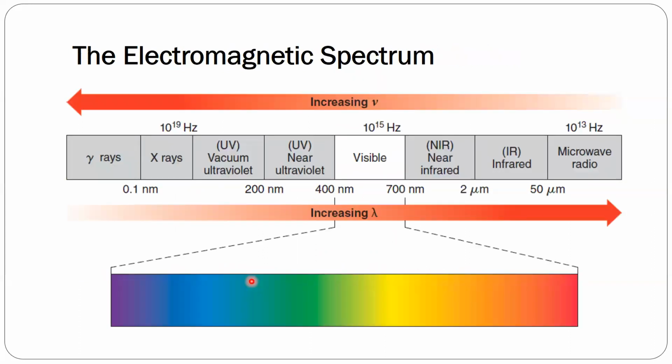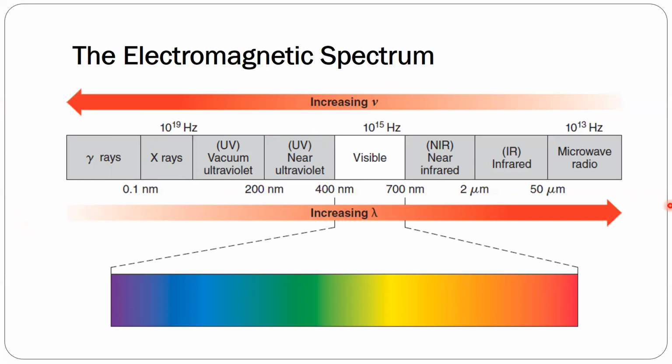Now here is the electromagnetic spectrum as we know it. And if you go from left to right or from right to left, nagkakaroon ng change in terms of frequency or wavelength. So from right to left, nag-i-increase si frequency.